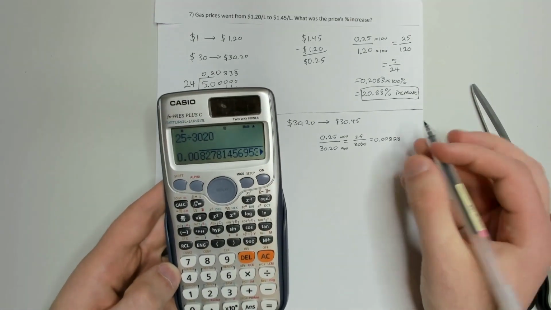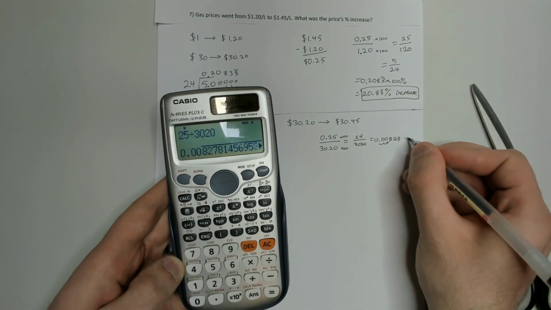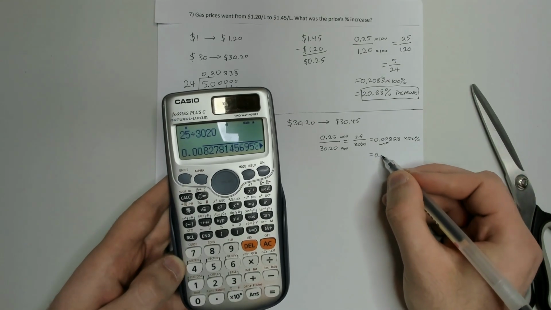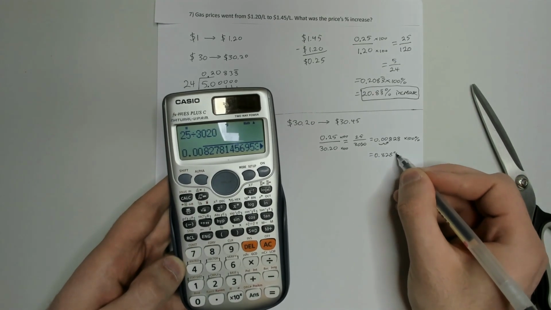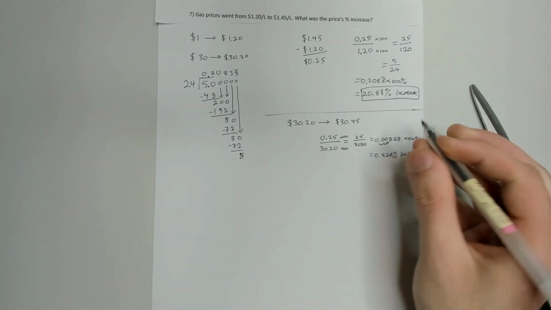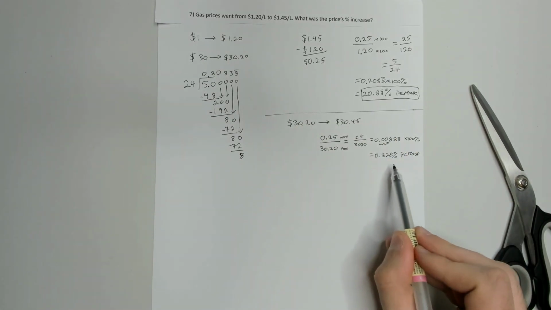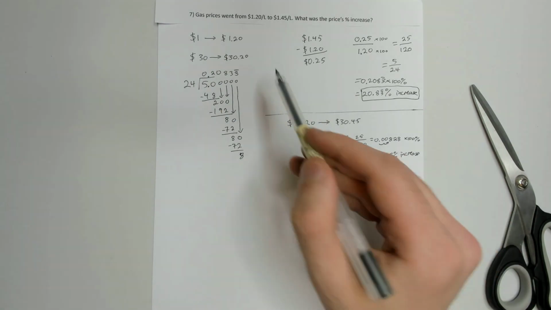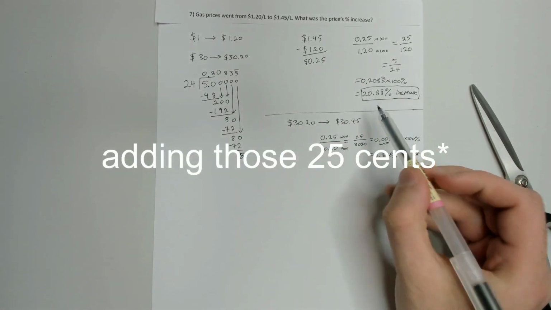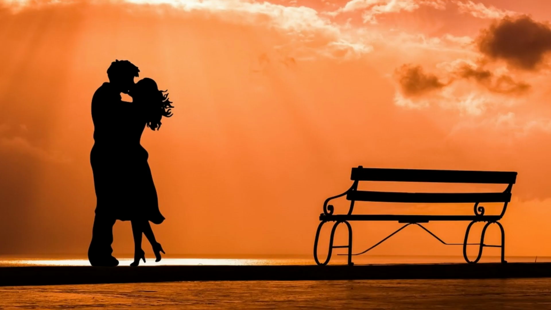Then converting this into a percent by multiplying by 100%, which will slide this decimal over twice, we're going to get 0.828% increase. So notice, adding 25 cents at this high of a price is an extremely small increase, right? Only 0.8%. But when your price is as low as $1.20, adding that 25 cents is quite a lot, right? It's a 20.83 repeating percent increase.